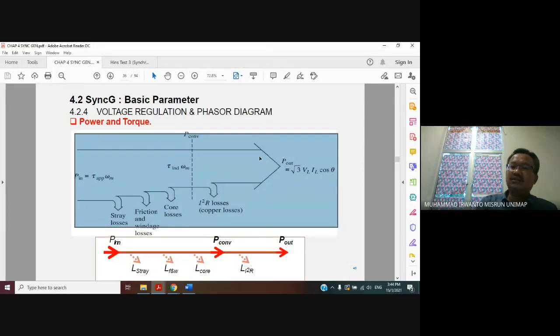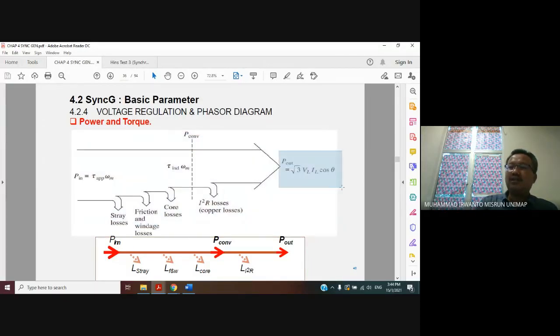And then you can find the formula of the output power here. Yeah, square root of 3, line voltage, line current, cos theta, and it depends on the type of the connection.